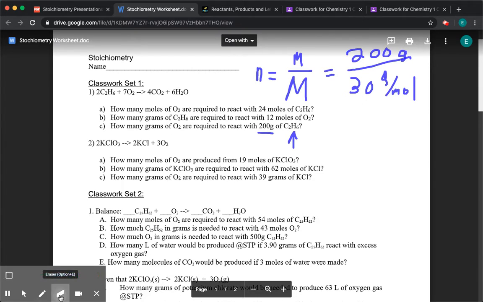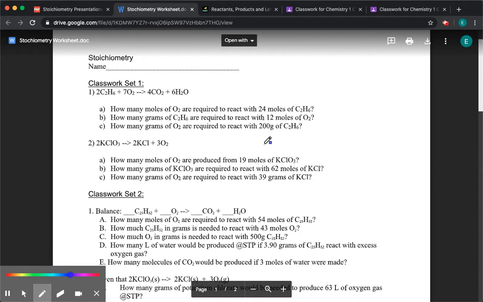So, as a side note, this is 6.66 moles. So we have 6.66 moles of C2H6. Now that we have this number, we can start answering the question.